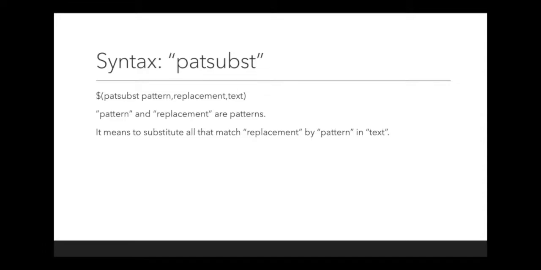And similarly, there is another syntax called pattern substitute. Instead of replacing characters, this syntax replaces patterns. It means to substitute all that match the pattern by the replacement pattern in the text string.